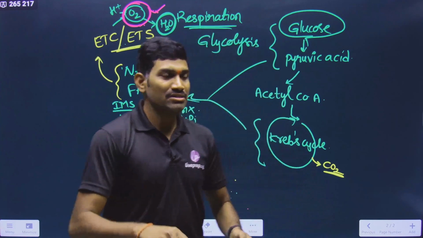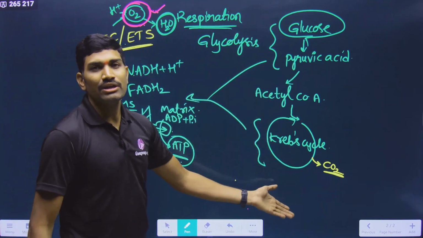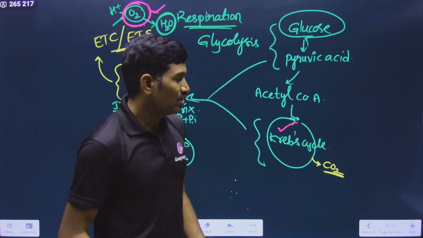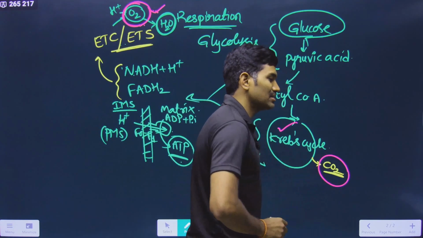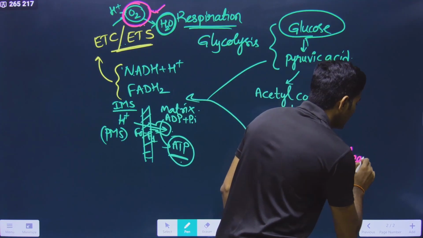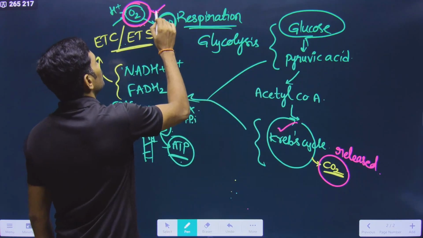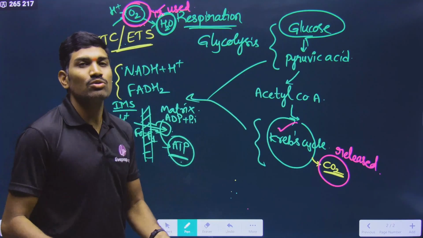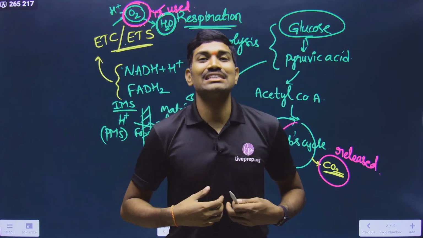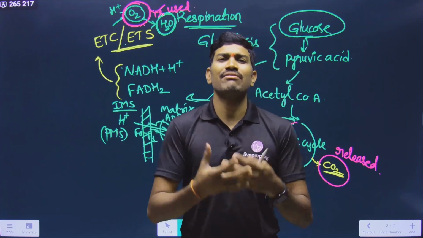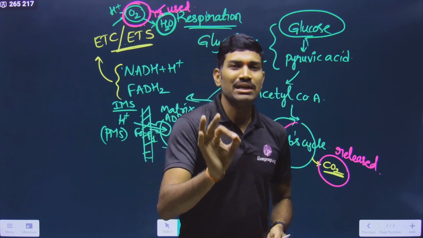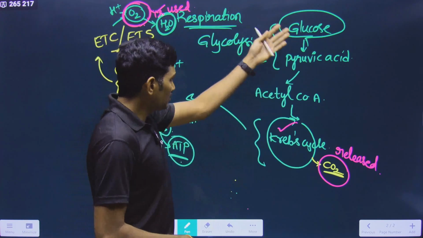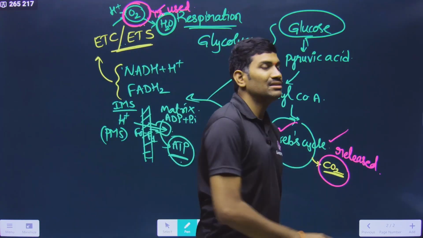Very good. Next, in all the cells this breakdown pathway is taking place. This Krebs cycle occurs in aerobic conditions, yes or no? Here CO2 is released and oxygen is used. So the overall conclusion is that to get energy from different types of food materials, ultimately oxygen is required, and during this process CO2 is released.